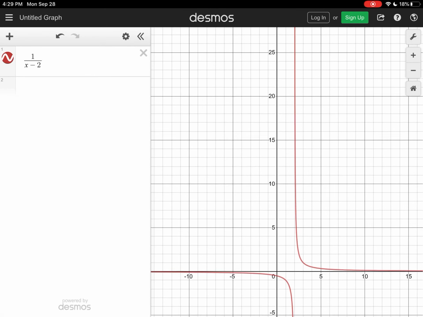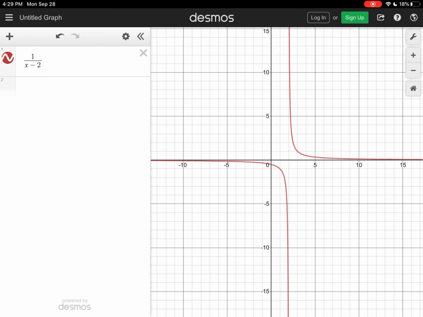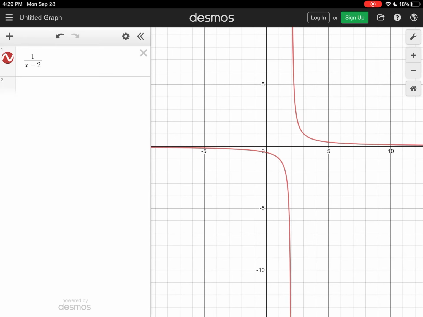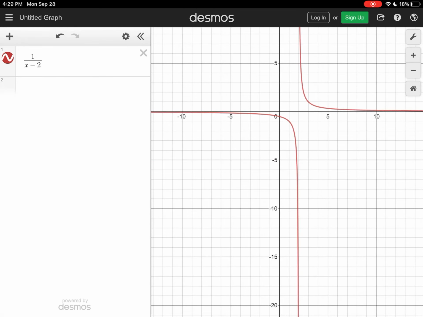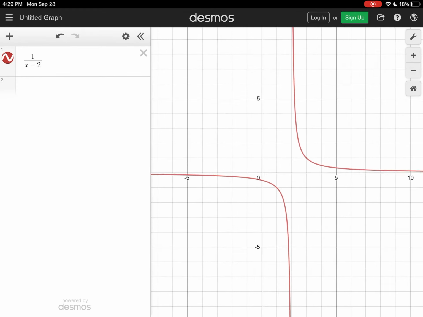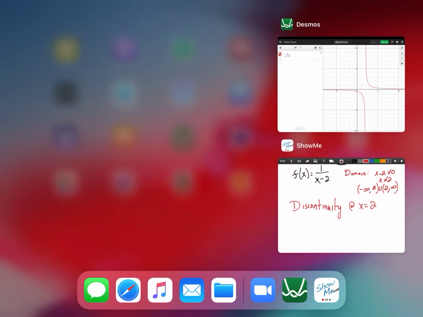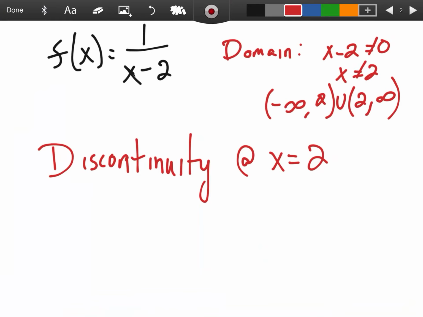As I scroll up and scroll down, this line will approach 2, but it will never actually touch x equals 2. And so this is a vertical asymptote at x equals 2, and it is also an infinite discontinuity at x equals 2.